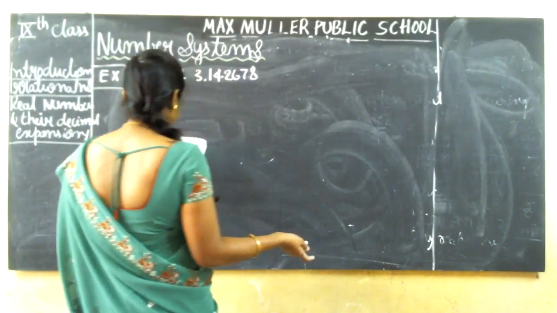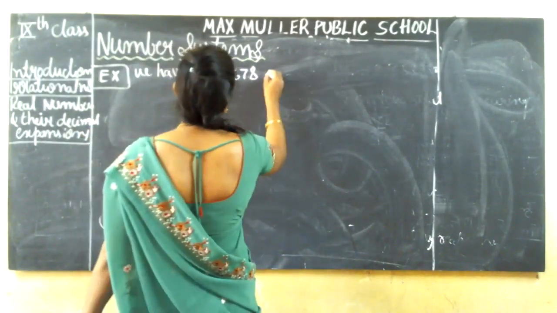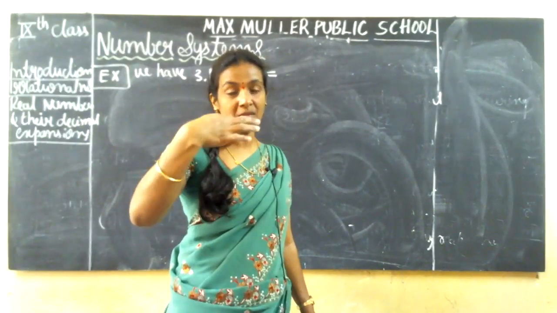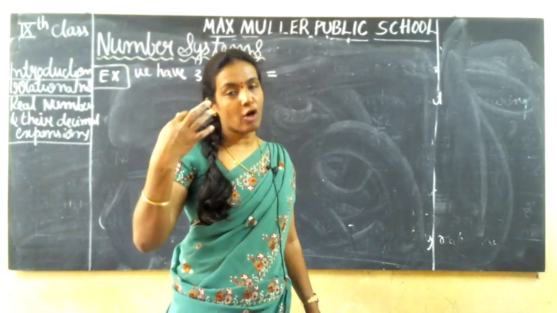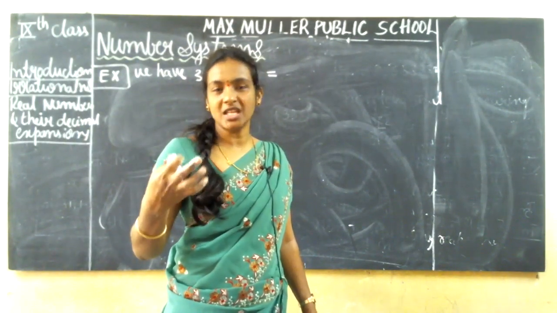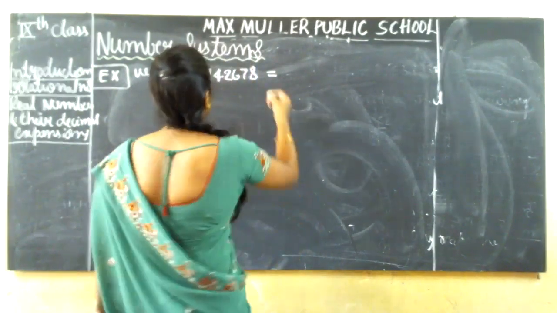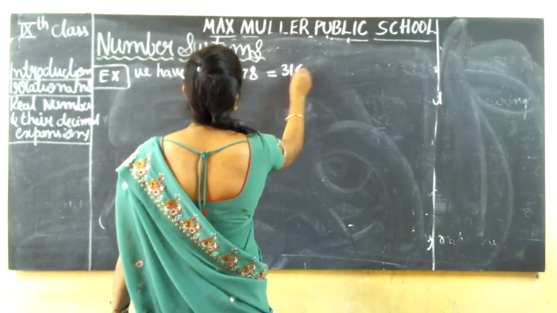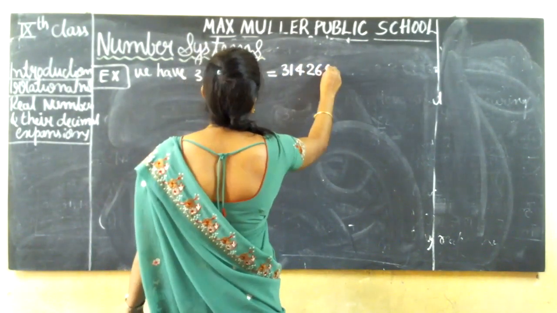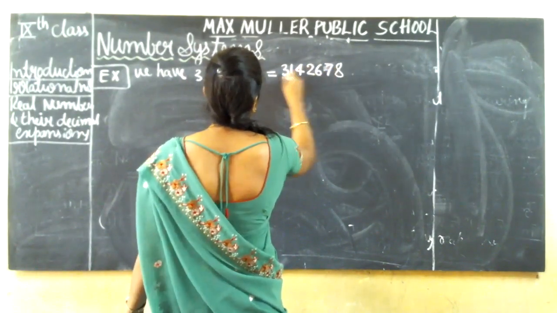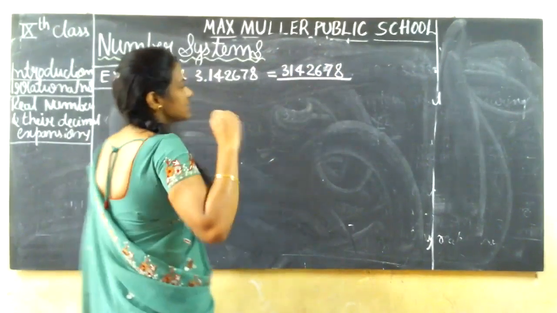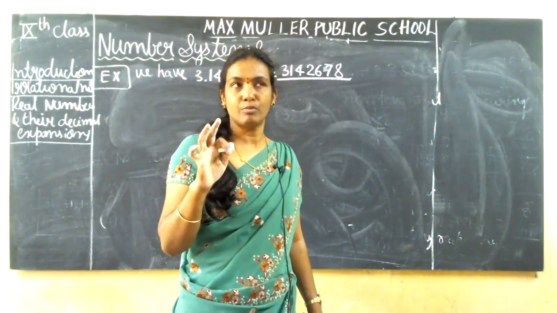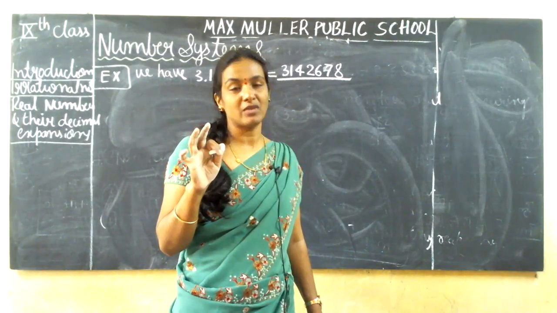So, how will we write this one, children? We all studied this. If you have a decimal expansion and you take a power of 10 in the denominator place, obviously you can write it in the P by Q form. I'm going to write 3142678 divided by... Some of you get confused about how many zeros to write when writing powers of 10 in the denominator.